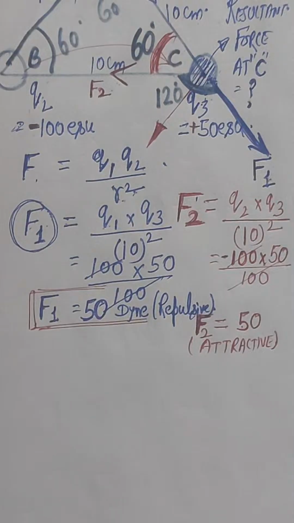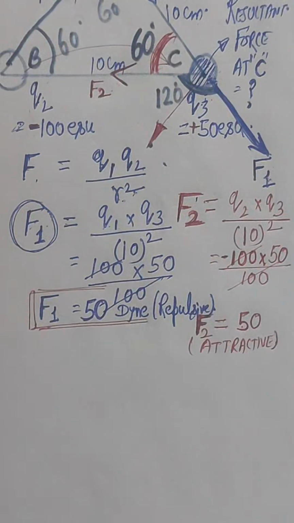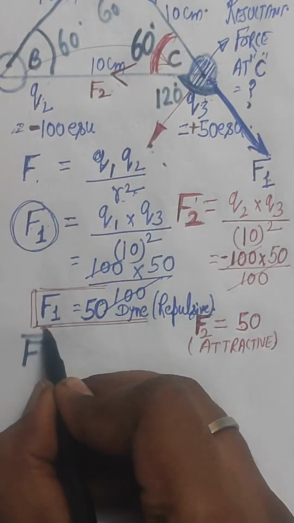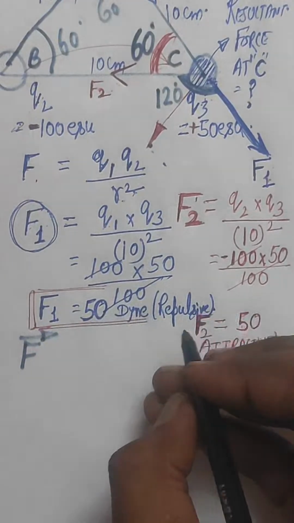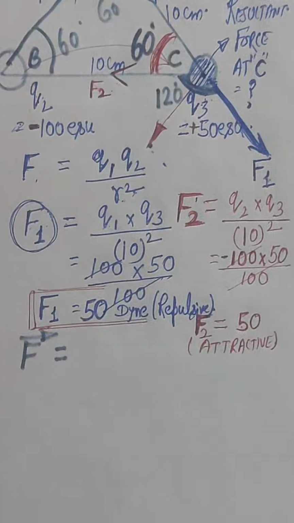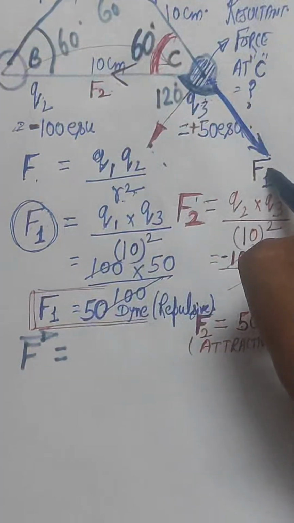If this is 120 degree, what is the magnitude of force which will be acting over here, right? If this is F1, this is F2, the resultant force is given by, this angle is 120 degree between F2 and F1.